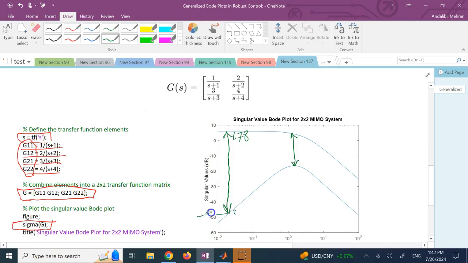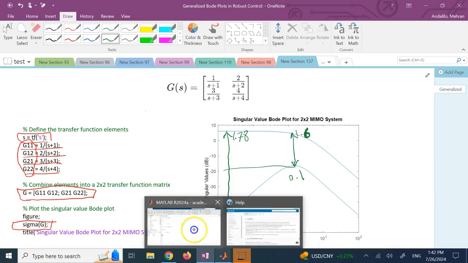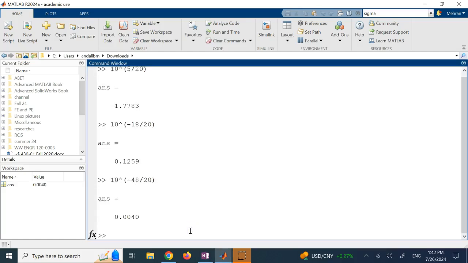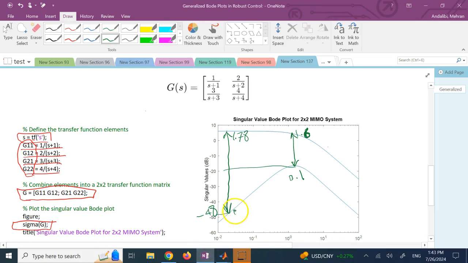Let's say this is -48, and let's say this is 1.6, and this one here is around 20 dB, so that's 0.1. And -48, let's do that one as well. So 0.004.